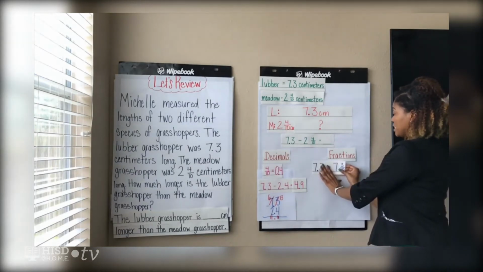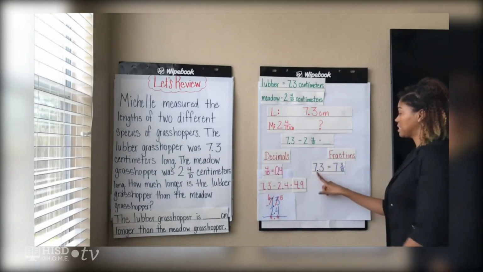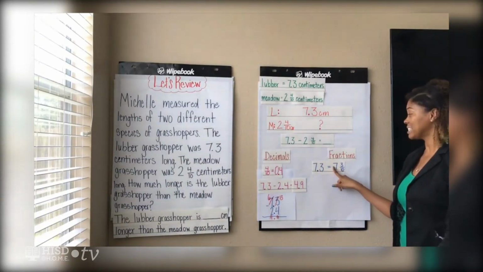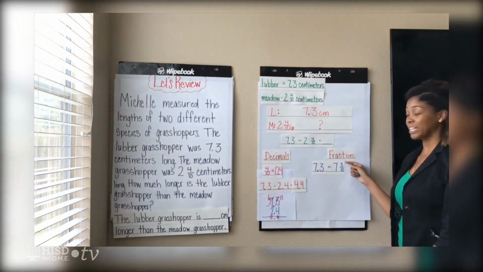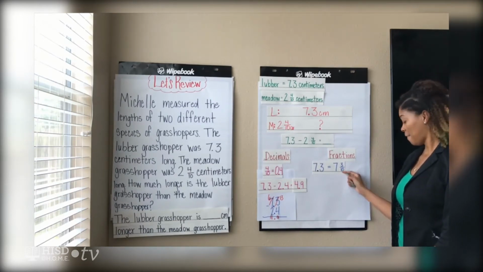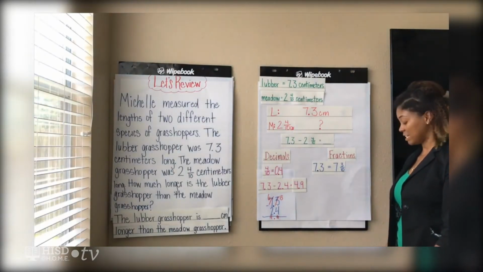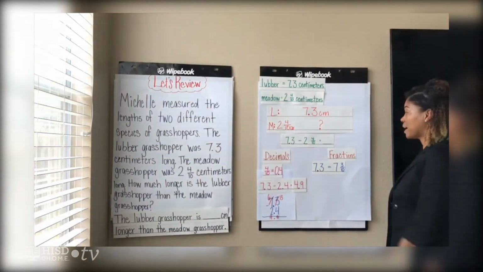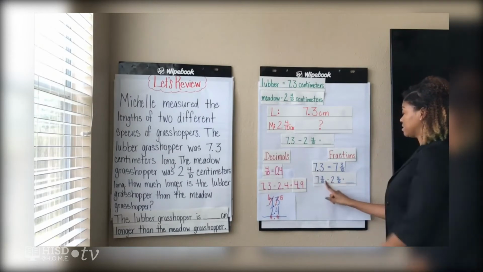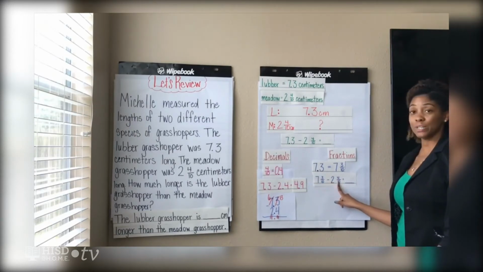So our fraction is now going to be, the decimal 7 3/10 is the same as 7 3 over 10, which is read 3/10. Once we have done that, now we can rewrite our equation. 7 3/10 subtract 2 4/10.